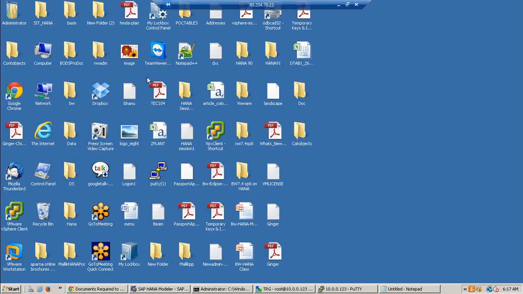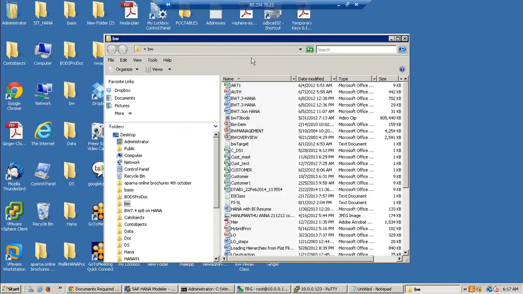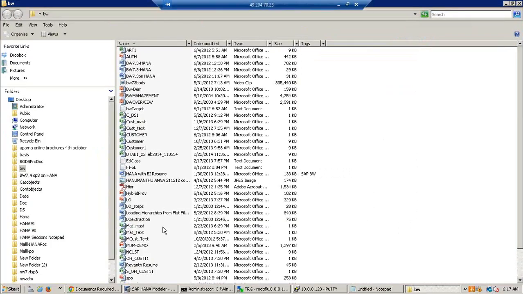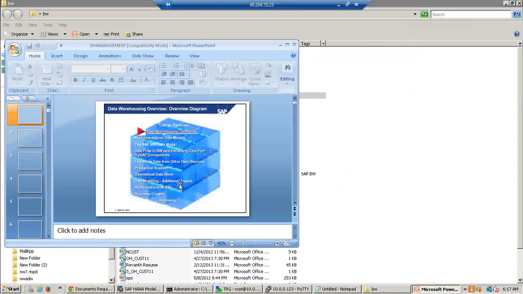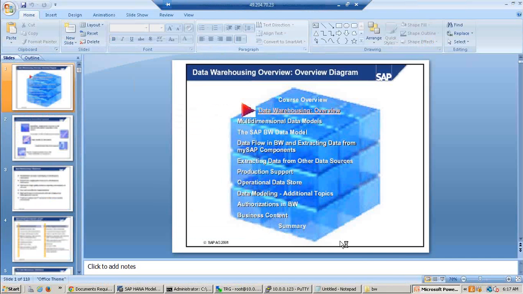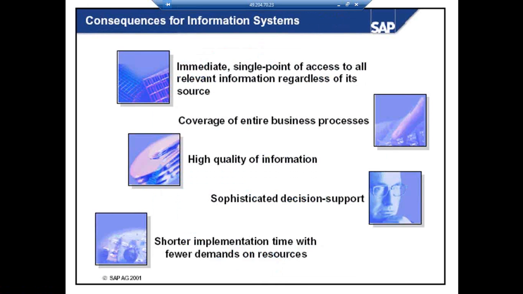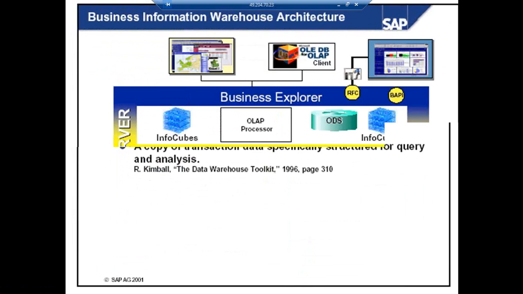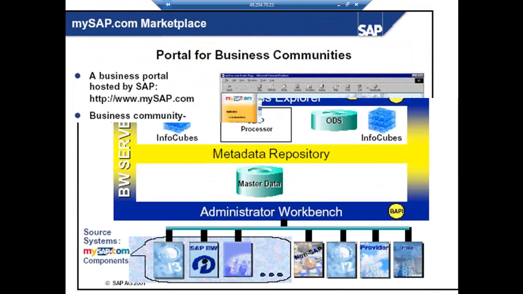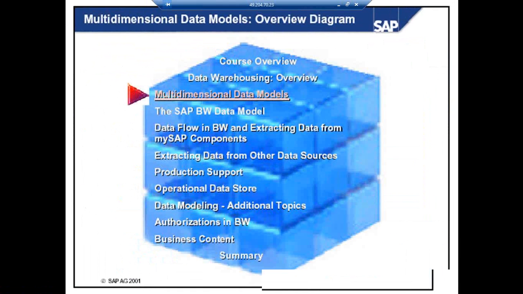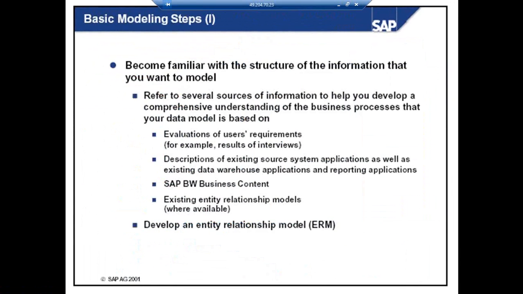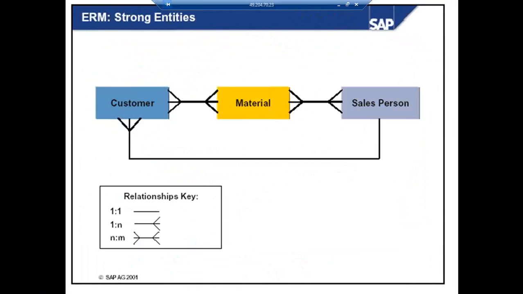So let us take a small example. This is common for any warehousing solution. If you consider that sales example, the entities involved in the sales process are entities like customer, material, salesperson.